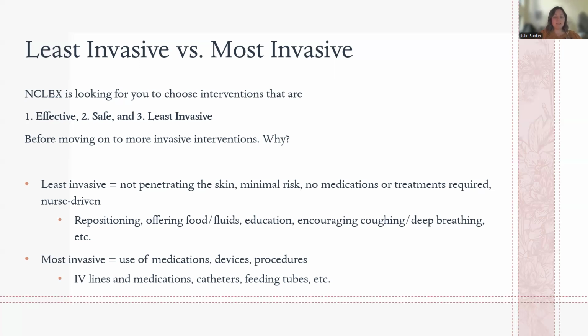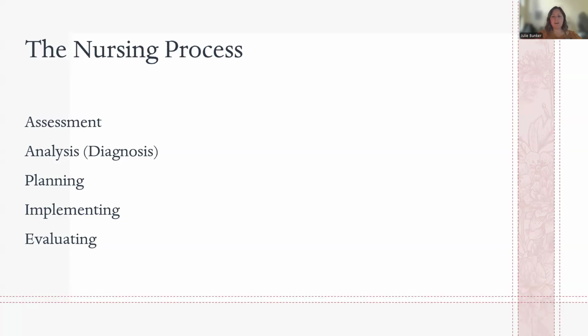Another prioritization technique to talk through: the nursing process. I mentioned this in saying that they're going to look for you to complete assessments before you complete an intervention. It's listed right out there for you. You have to gather all your data first, then you put it all together. What you might have learned as diagnosis, we now call analysis, ADPIE.